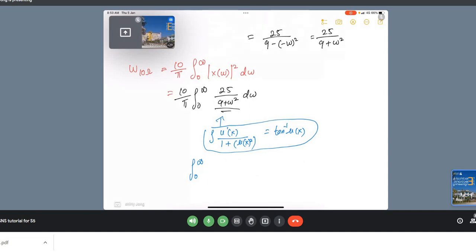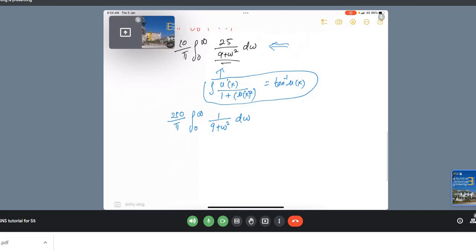In our equation, 25 is just a constant, so we just take out the 25. 25 times 10, you get 250 divided by pi, times the integral of 1 over 9 plus omega squared d omega. So we need to change it to the format.